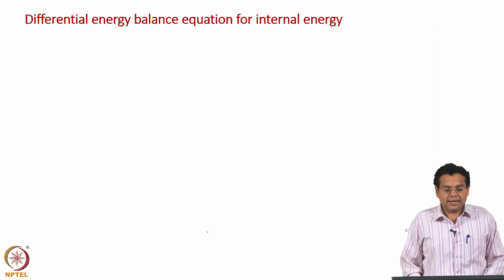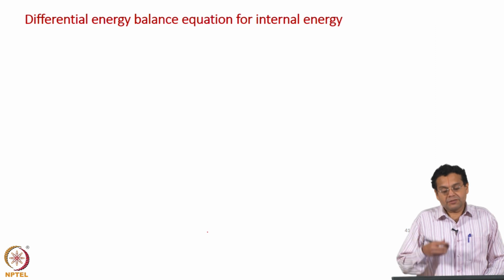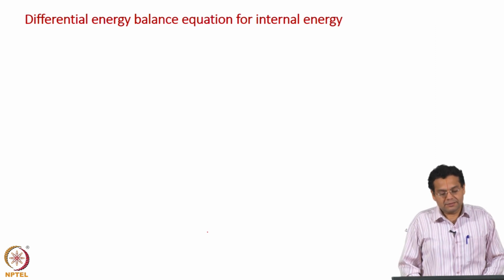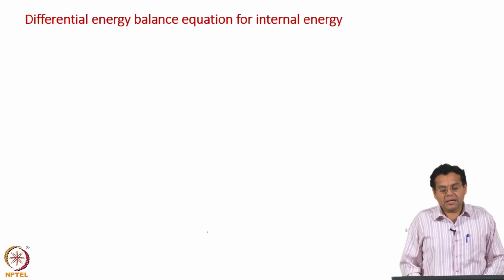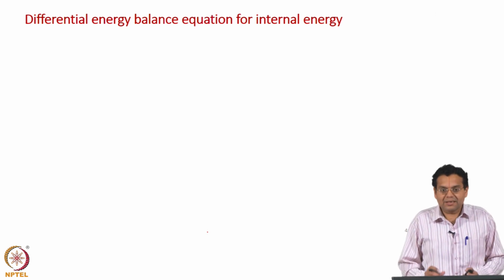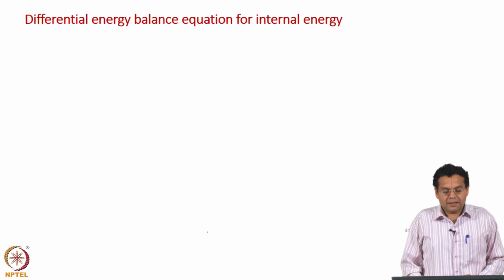Okay. We have derived the equation for internal energy and kinetic energy from the total energy balance, and starting from the linear momentum balance we have derived the equation for kinetic energy. So, now it becomes very simple for us to almost write down the energy balance equation for internal energy. Okay. So, let us do that here, simple subtraction.